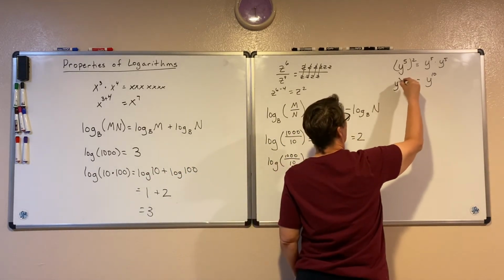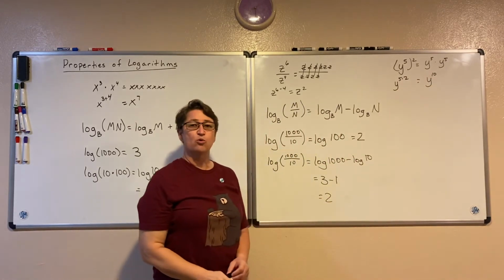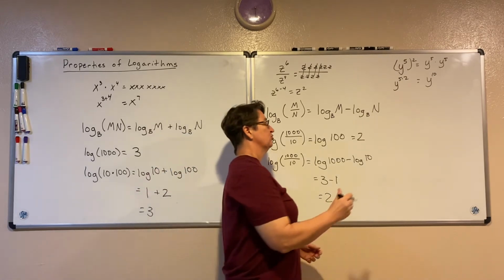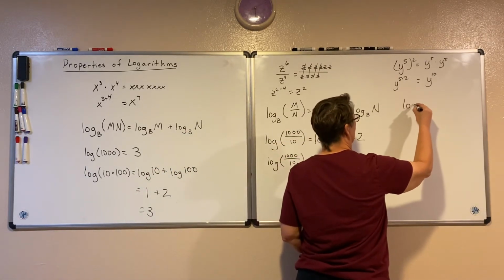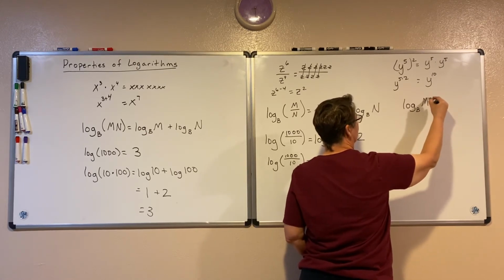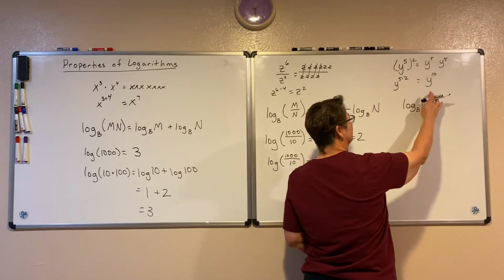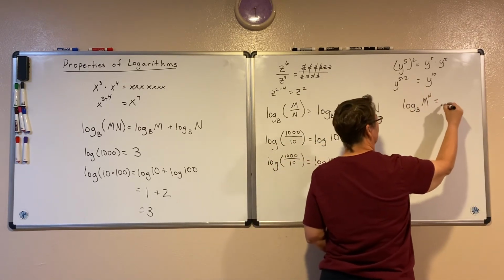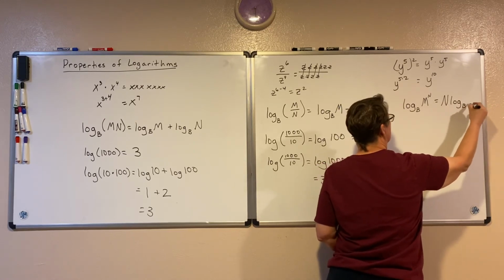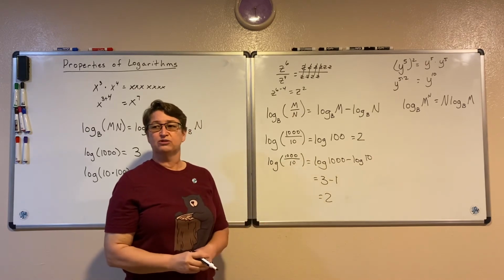So I have y to the 5 times 2, that gives me that 10. That's the power rule of exponents. We have a similar situation with logs, so that I have log base b of some argument raised to a power, and that's going to be equal to this exponent times that exponent. So I have n times log base b of m. So I can multiply those two together.